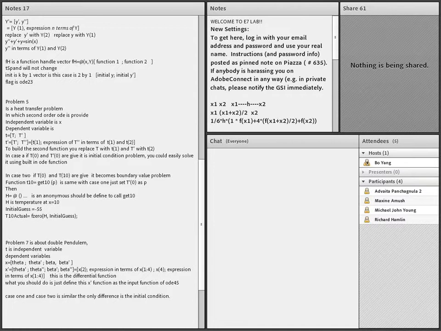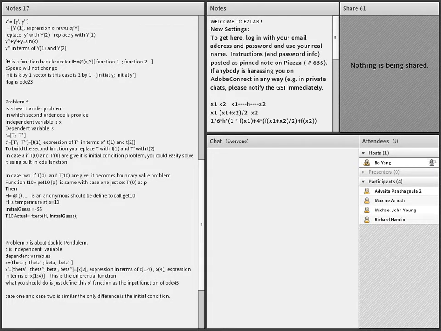If we replace theta prime with x2 and beta prime with x4, then we have two expressions about theta double prime and beta double prime, which are provided in the assignment PDF.